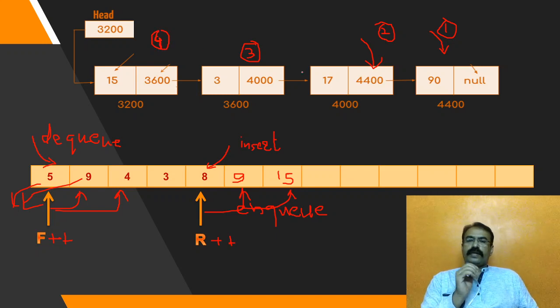So we are adding an element from the rear. This will be treated as the rear end and this will be treated as the front end. If I want to add one more element, I am going to create a node and assign some value, let us say 9.